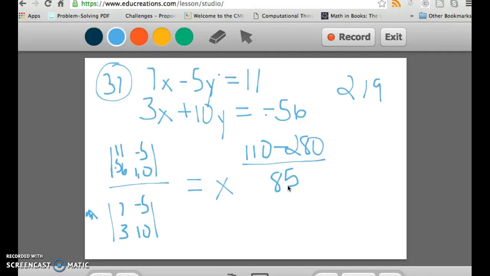So my answer, so 110 minus 280 is -170, and -170 over 85 is actually just -2, so x equals -2. All right, so x equals -2. You might want to pause if you want to copy that down because I'm about to erase a bunch of it.